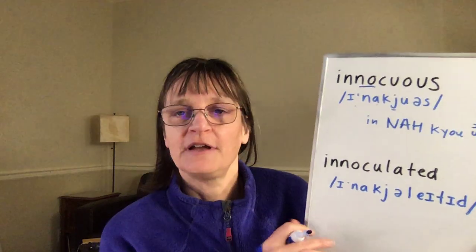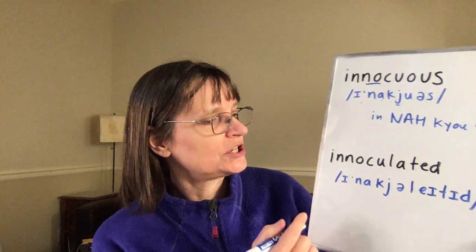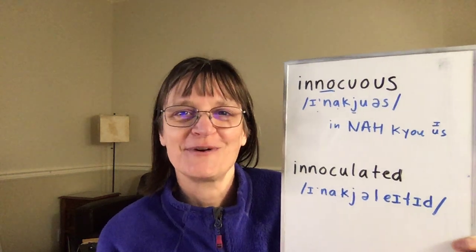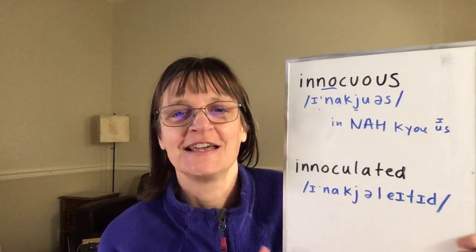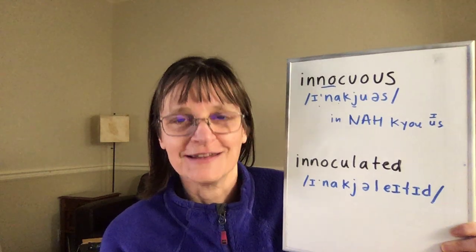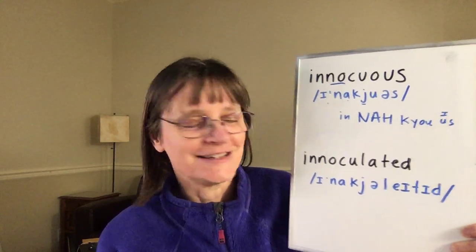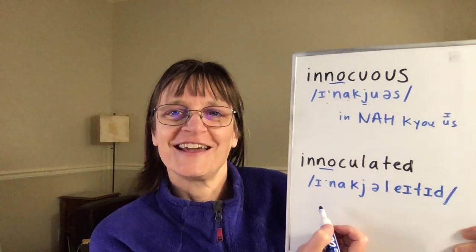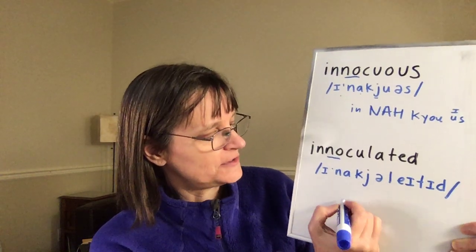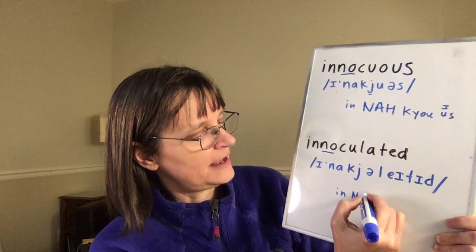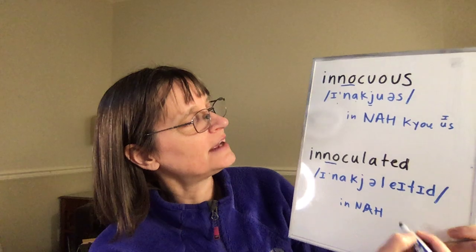Then we have inoculated, which is something that we talk about when we're talking about vaccines and vaccinations, inoculating against disease, being inoculated against COVID-19, for example. This also has second syllable stress, and the O also says ah in this word. So the start is the same, in na, with an AH sound.